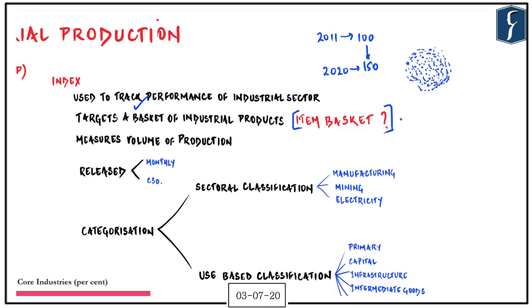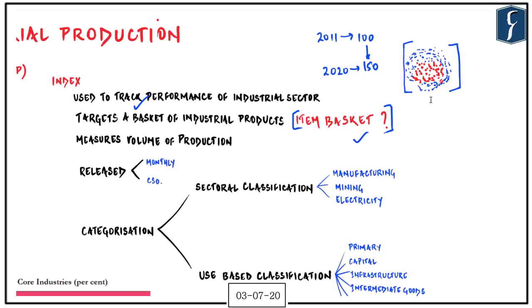And hence, the statisticians have taken the help of item basket, which means a representative basket of items selected by applying judgment and on the basis of their relative importance for inclusion in the compilation of the index. Don't worry, I will simplify it. So for example, these dots, if they represent all the industrial activities going on in our country, and we know that it is not possible to keep a track of all of them, what we will do is that we'll try to find out which ones among them contribute most to India's industrial production.